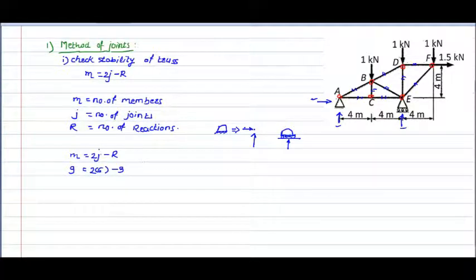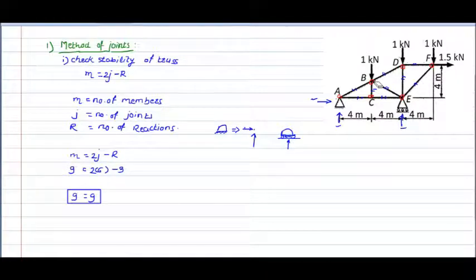Now we just have to calculate: 9 is equal to 2 times 6, that is 12, minus 3, that is 9. So from this condition we come to know that this is a stable truss, because it is satisfying the condition of stability, and now we can go for using the conditions of equilibrium.